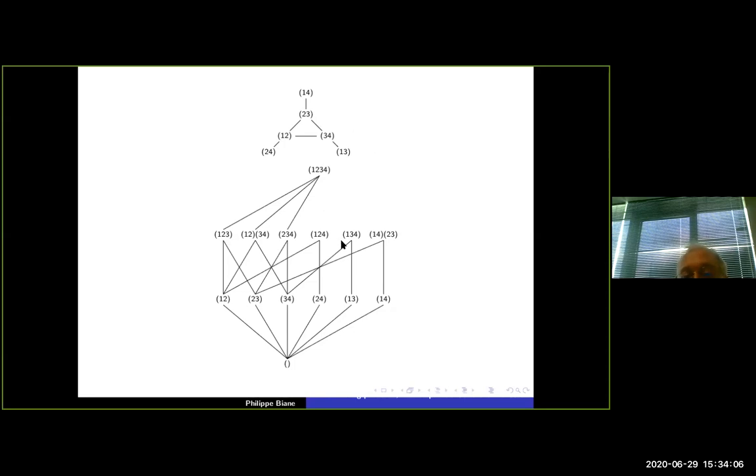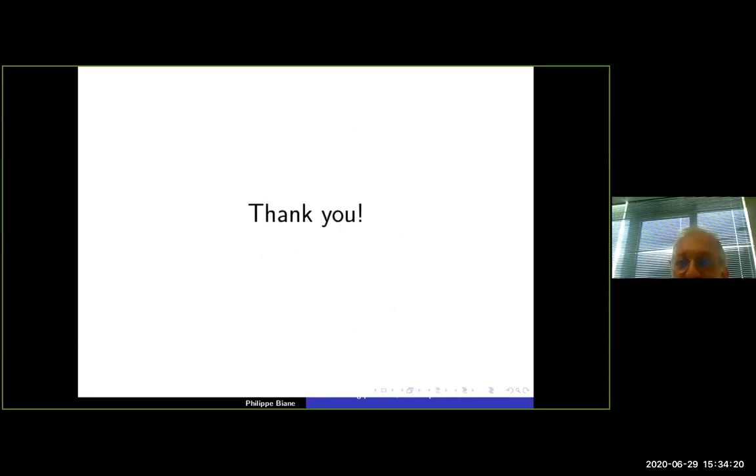So this is just a hint of the very, very rich relation that exists between Coxeter groups, non-crossing partitions, and interval partitions. And maybe I will stop here. Thank you very much for listening.